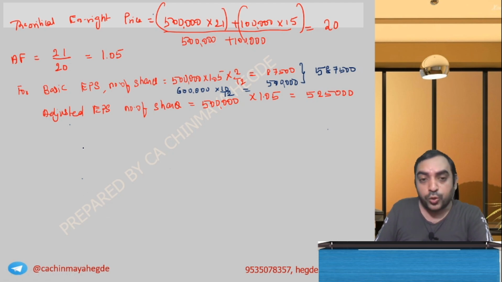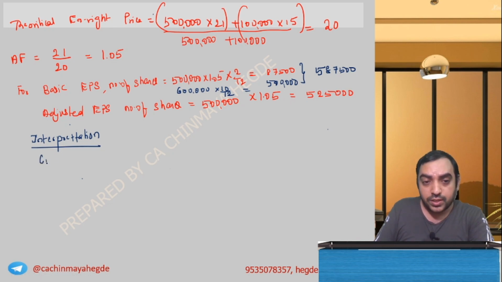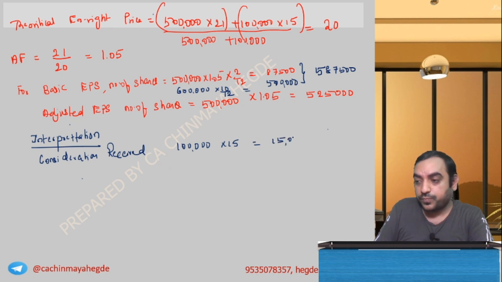Okay, let me just tell you a quick interpretation of this. What is the consideration received? You have received 1 lakh shares of 15 rupees, means 15 lakh.